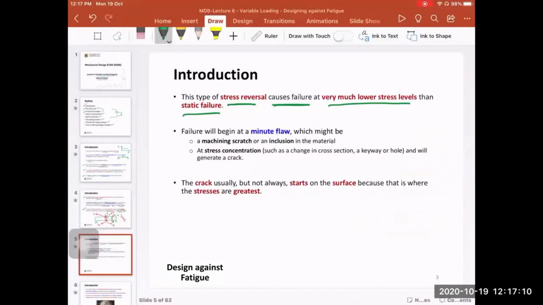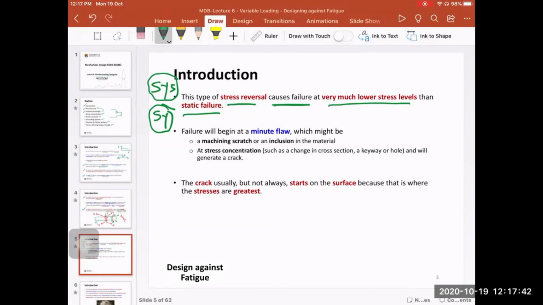For example, if the same shaft fails under shear stress or under tensile stress, we use the values that we get from the uniaxial tension test, like the S yield, or S yield in shear. So these are the values, or the strength of the material, and we define the level of the stress that we should apply based on these values.